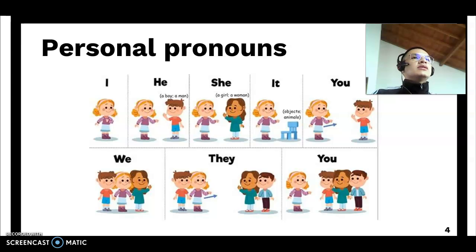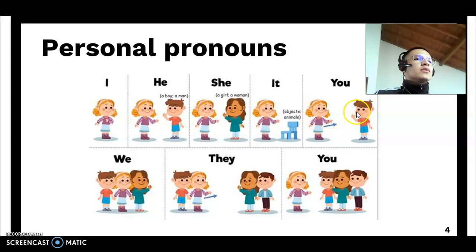In this slide you can see the personal pronouns. I, when I am referring to myself. He, when we are referring to another person who is a man. She, for women. It, for objects, animals, situations, and abstract things.